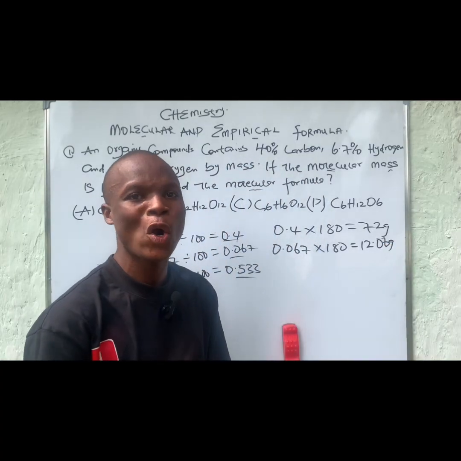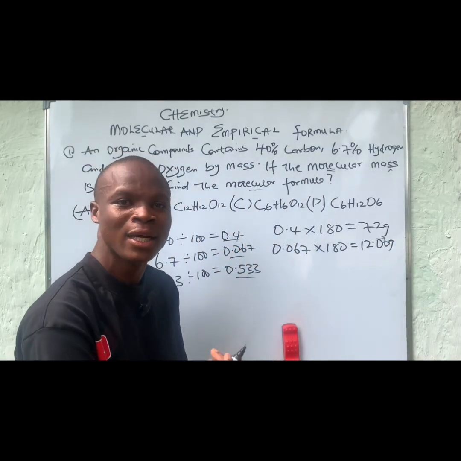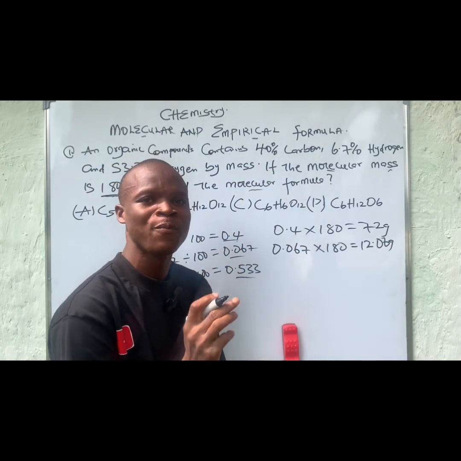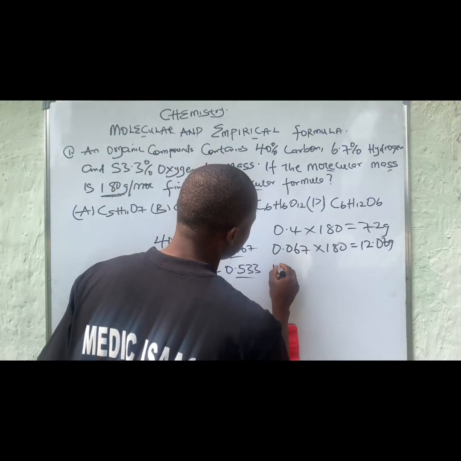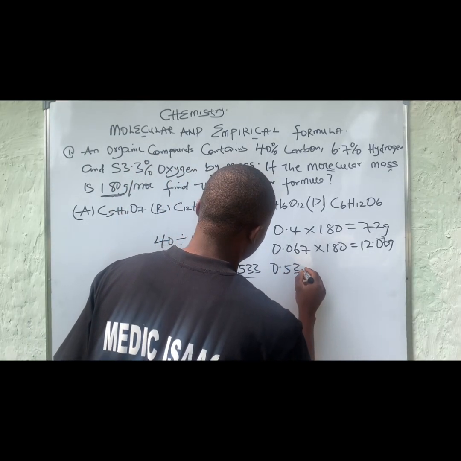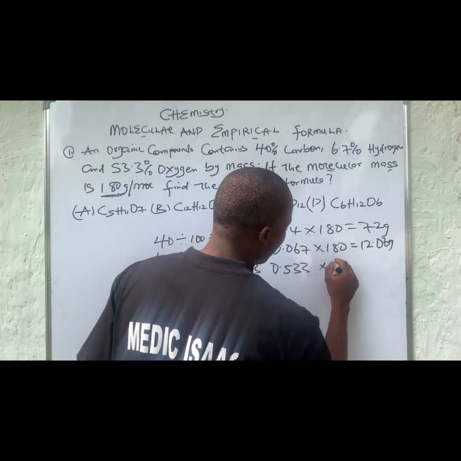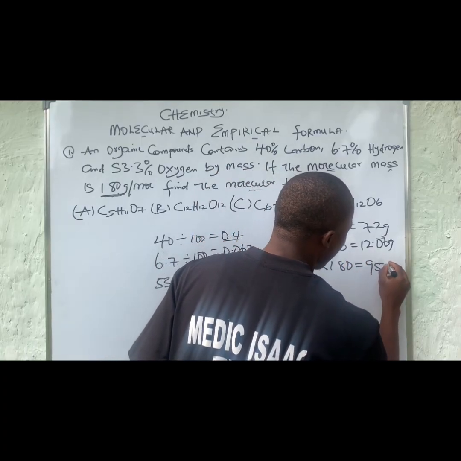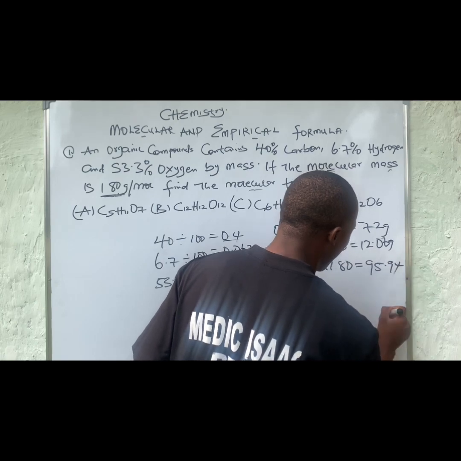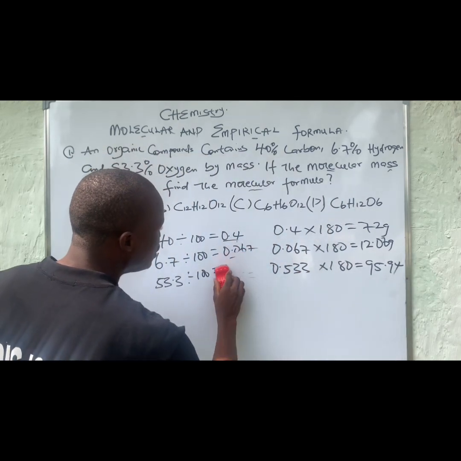I'm doing this course, I've mastered this aspect. It's very simple, it's not going to take me 40 seconds to solve it. 0.533 multiplied by 180 gives 95.94. So after this, what are you going to do?